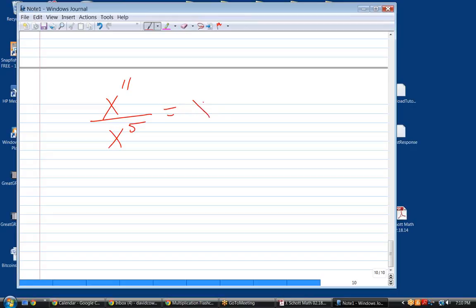X to the 6th. Good. Is that equal to X to the negative 6th? And without negative exponents? 1 over X to the 6th.